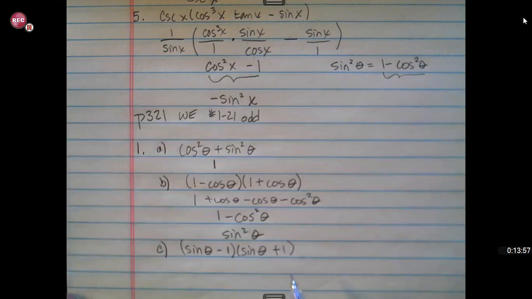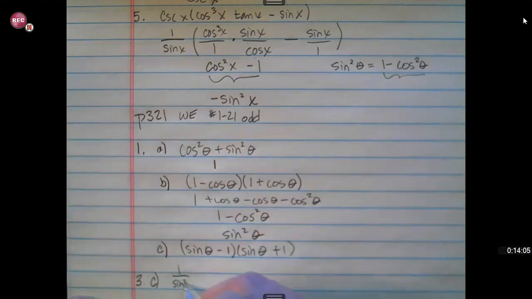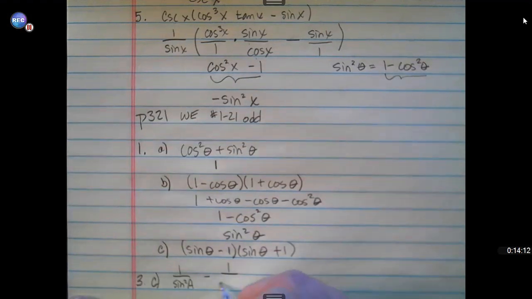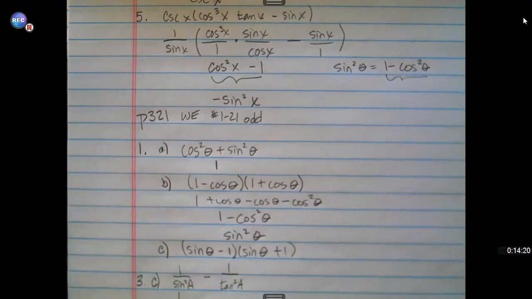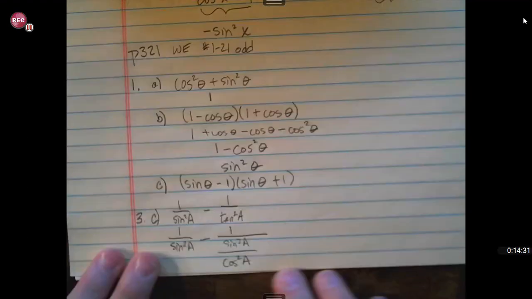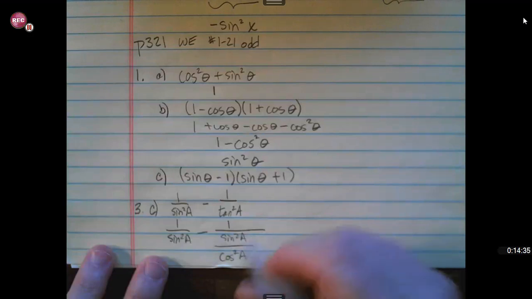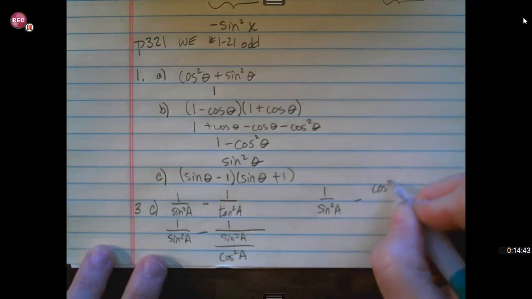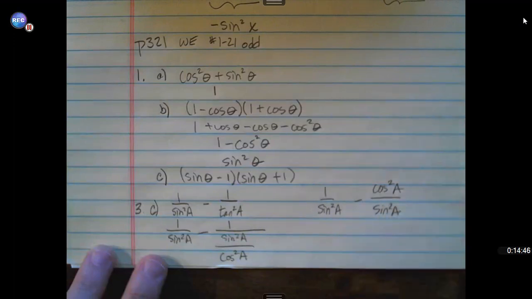Okay. Look at number 3, part C, and it has 1 over sine squared A minus 1 over tangent squared A. What I would do is leave this as 1 over sine squared A minus 1 over sine squared A over cosine squared A. And then I would fix that complex fraction by doing 1 over sine squared A minus cosine squared A over sine squared A. Now that I have a common denominator, you put those fractions together and simplify.